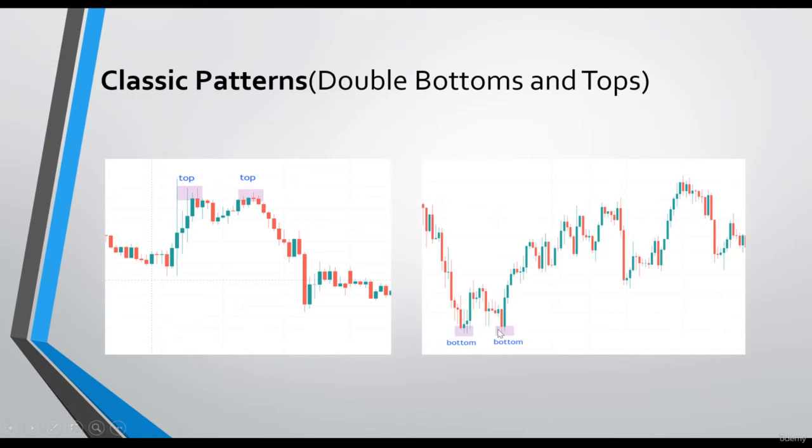And you can see after the second bottom, we have bullish trend, and everything changes from bearish to bullish. But again, it depends on many factors that we should talk about more precisely in the next courses or maybe next videos.